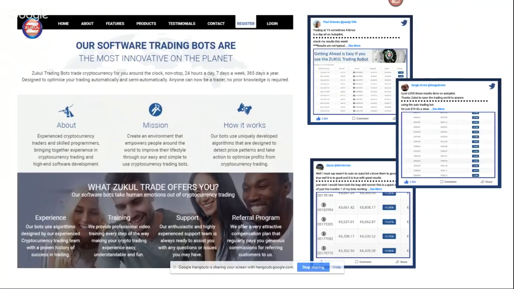We've got lots of other innovative robots which are coming online as well. If you want to know more about Zookle, then you can go to zookle.com and go through the page, register, or connect to anybody who has left their links below this video. That would probably be your best start. This is the website, and below it we've got hundreds and hundreds of testimonials.